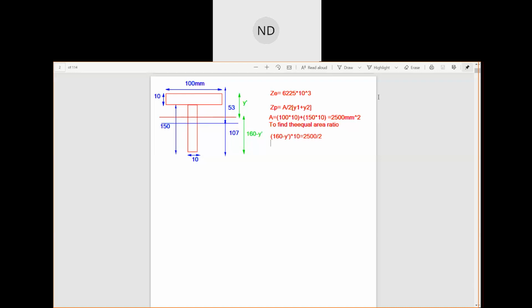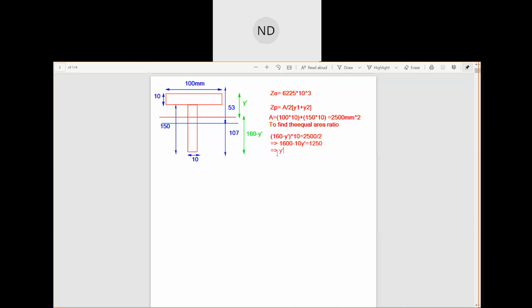Now what will you get from here? 1600 minus 10y dash equals 1250, where 160 into 10 is 1600. So now what will your y dash be?